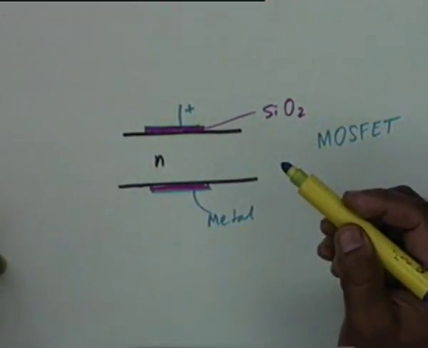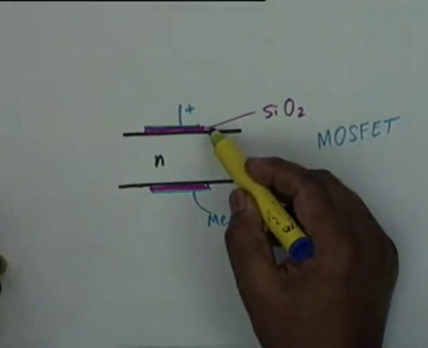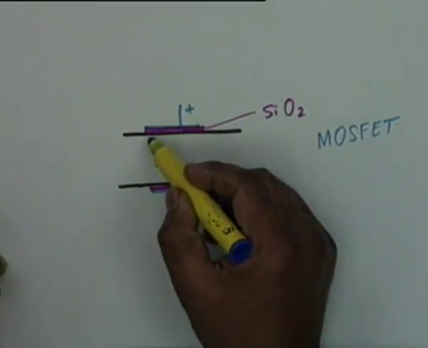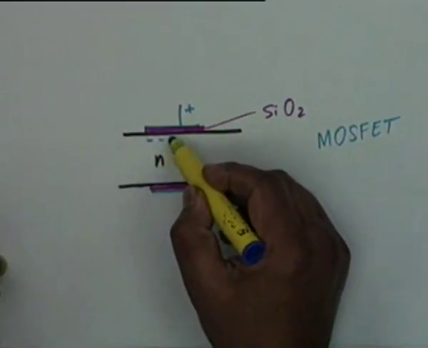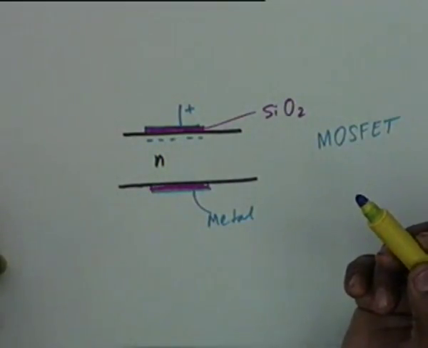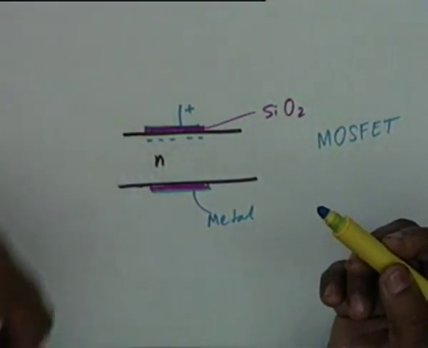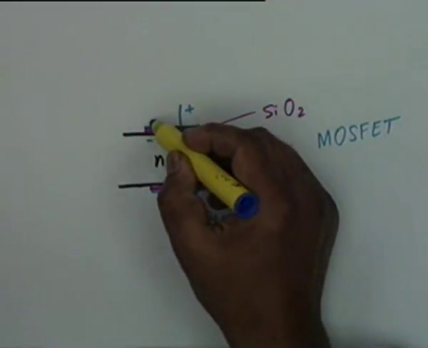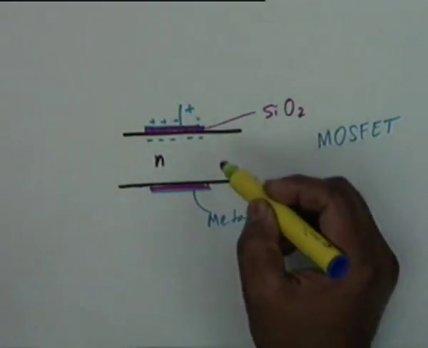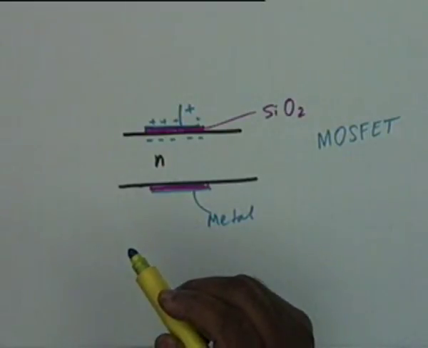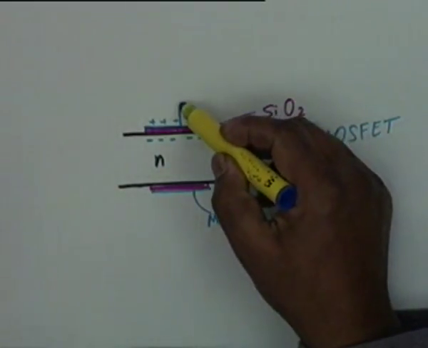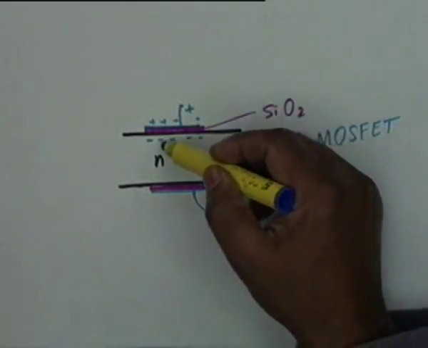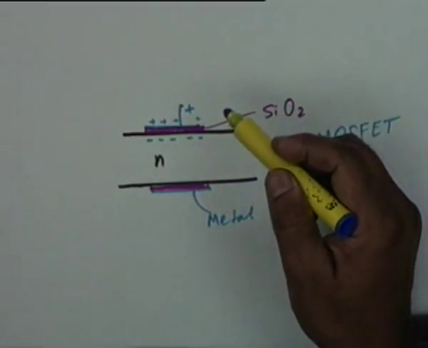No current can flow through the gate because there is an insulator in between, but electrons will accumulate here. Isn't that right? Electrons will come over here because of the capacitive effect. This is positively charged, and therefore this must be negatively charged. And by controlling this voltage, the accumulation of electrons here can be controlled.